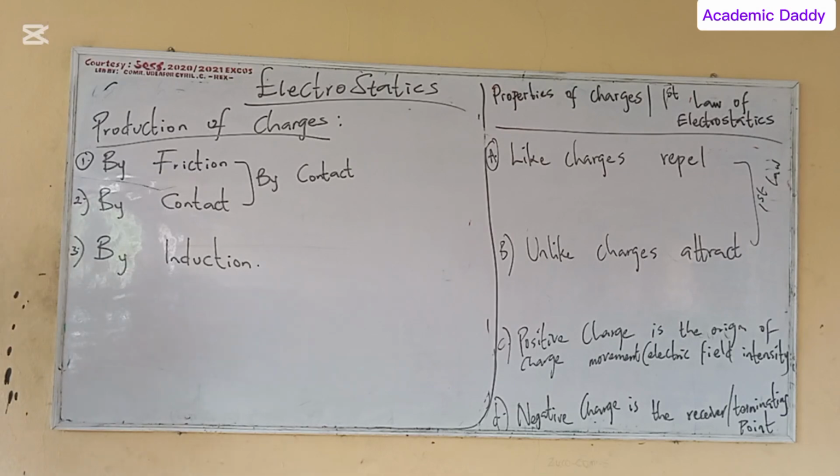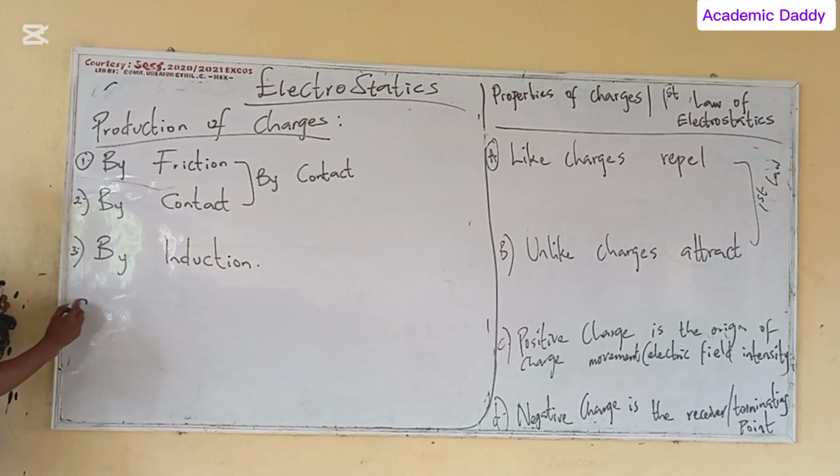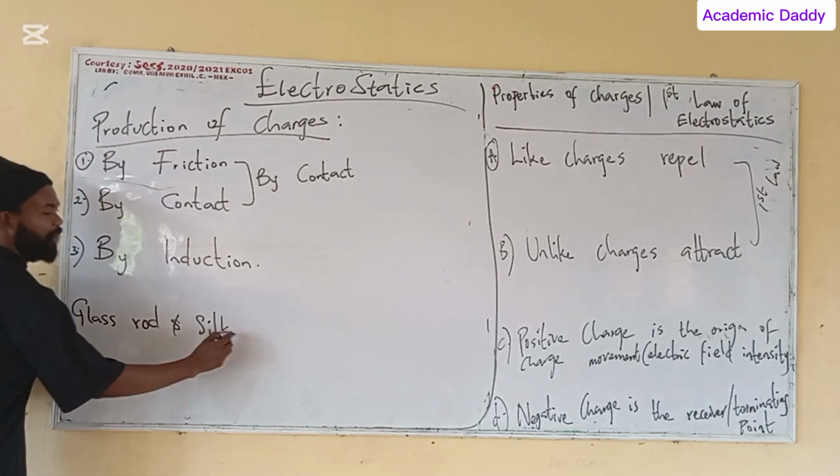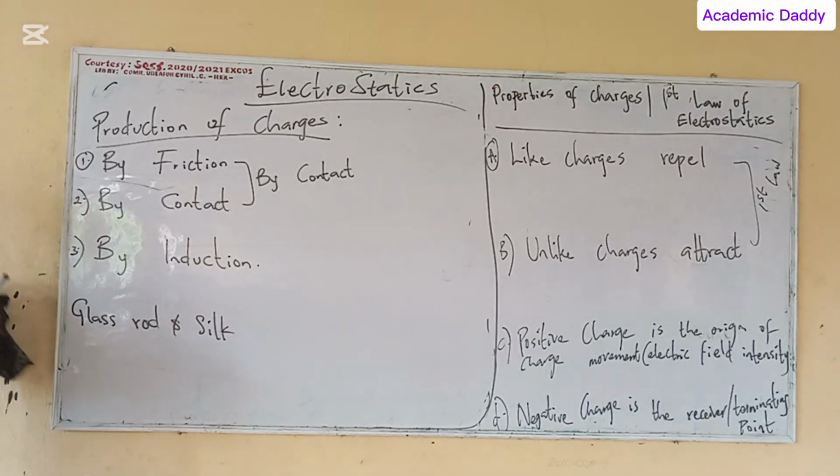So the next thing you need to know is, there are objective questions that always tend to ask you: glass rod and silk, what type of charge does it produce?